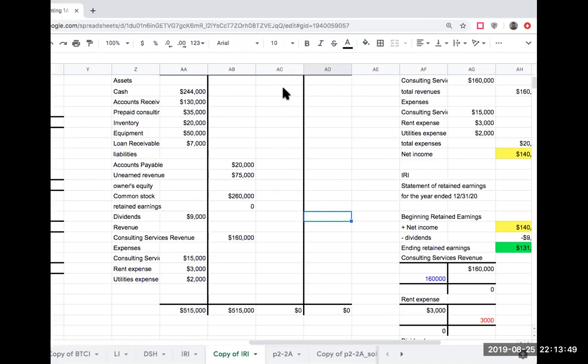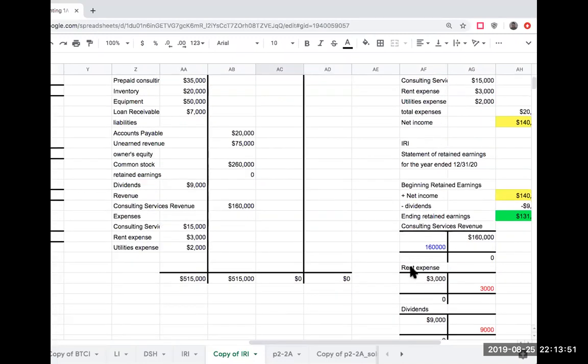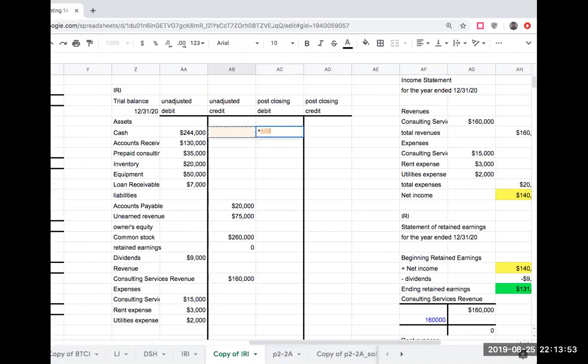All the temporary accounts I just zeroed out. So over here, most importantly, my cash, accounts receivable, prepaid consulting expenses, these accounts don't change. My liability accounts don't change. My common stock doesn't change.